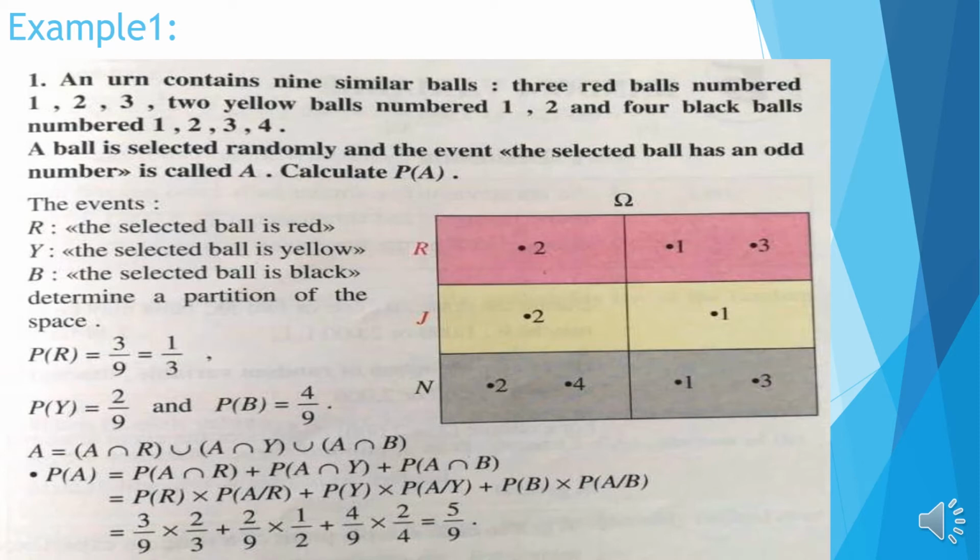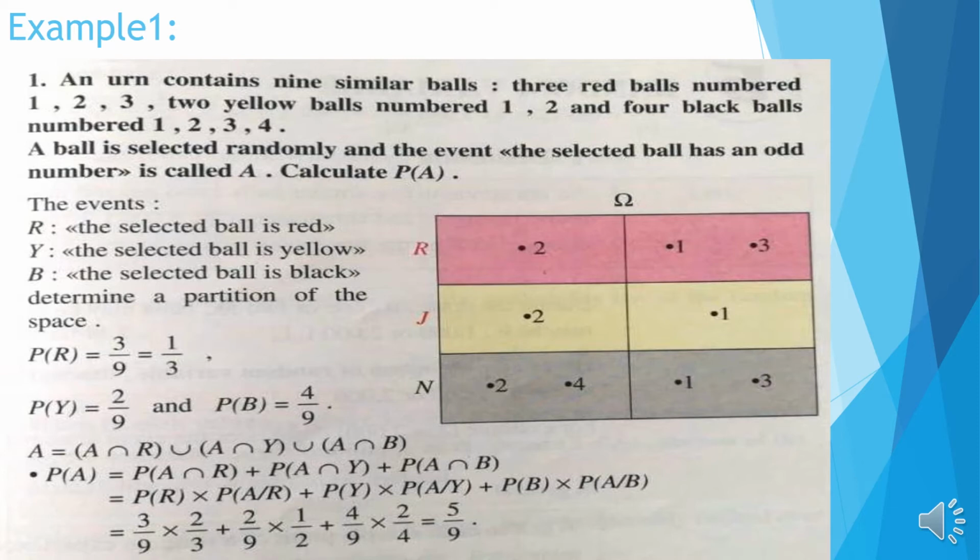We see red 1 and 3, we see yellow 1, we see black 1 and 3. So A comes from R, Y and B.